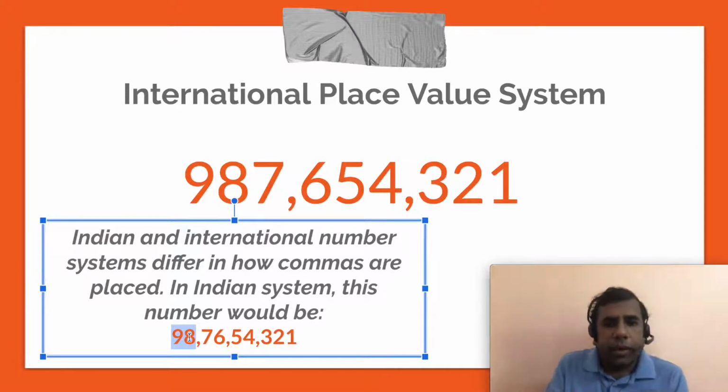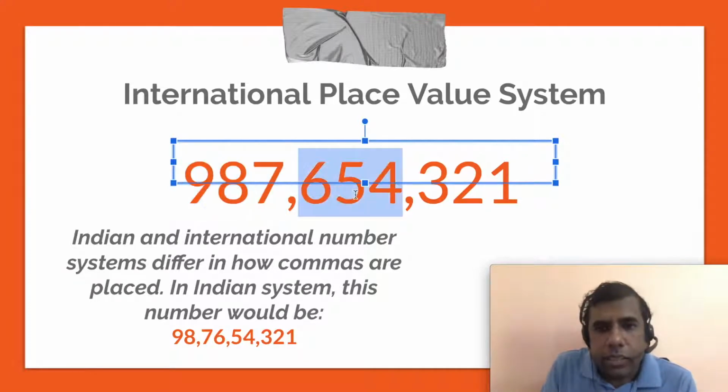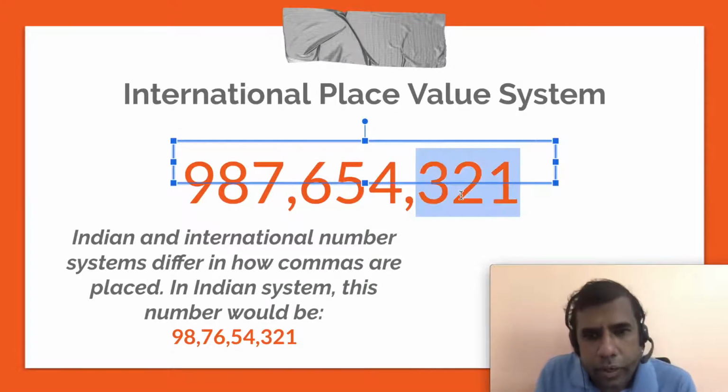So this number in the Indian system is going to be 98 crore 76 lakh 54,321, as we had seen last time, while the same number in the international system, we'll see it soon, is going to be 987,654,321.